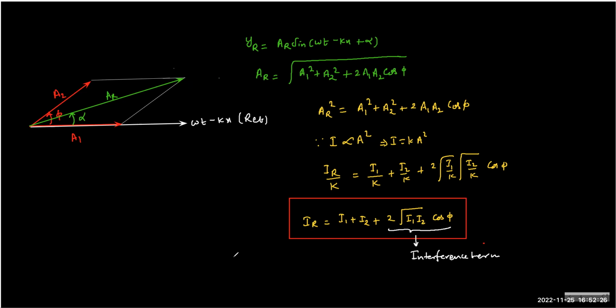If there is no interference, then the third term will vanish automatically and become 0. If the source is incoherent, then the third term will never appear, because in the case of incoherent sources the phase relationship will vary with time, and therefore, on average, it will always be zero.